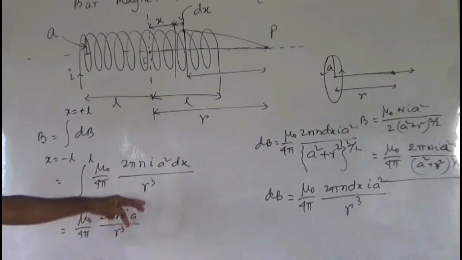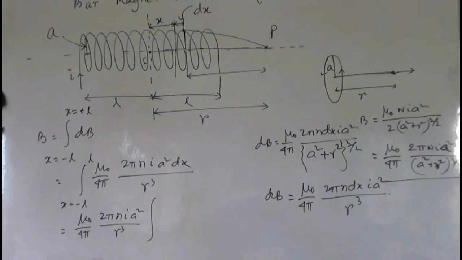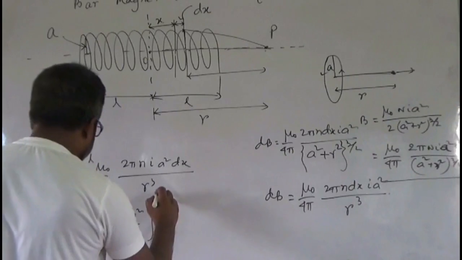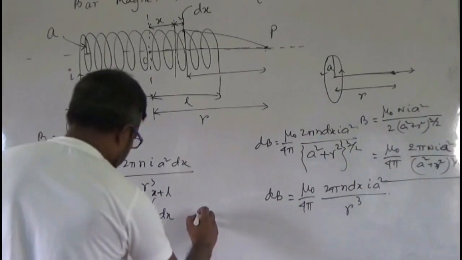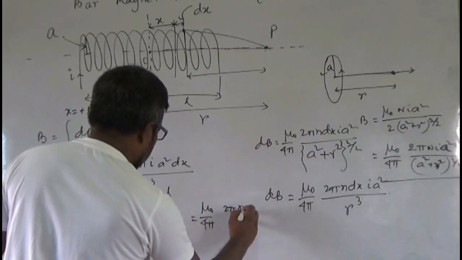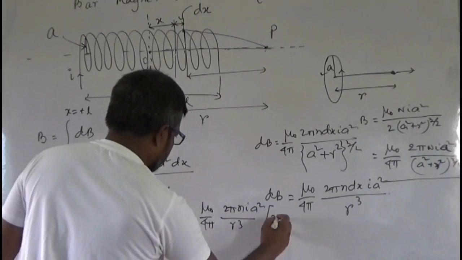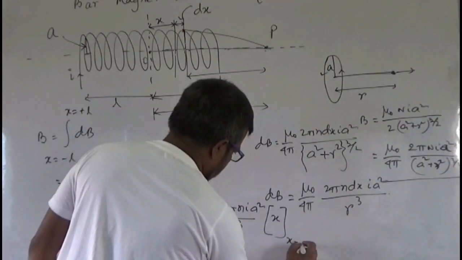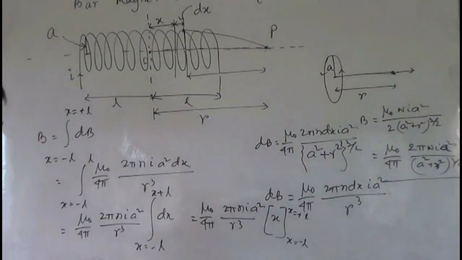All these are constants, so we bring them outside the integration, and the integration of dx is x, with limits of x equal to minus L to x equal to plus L.